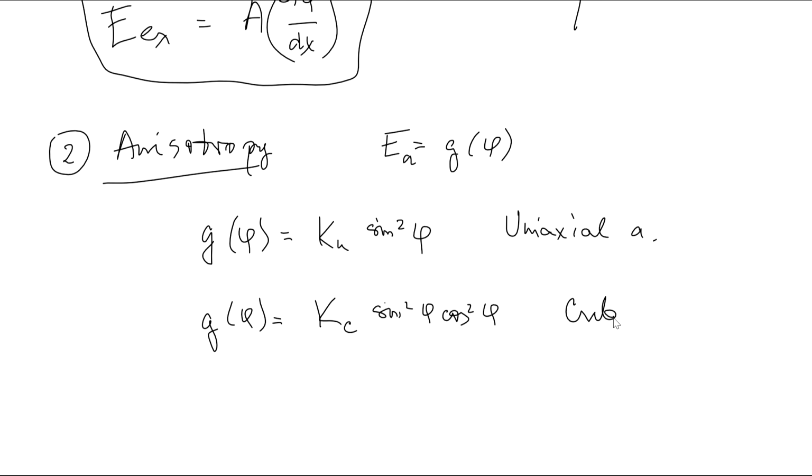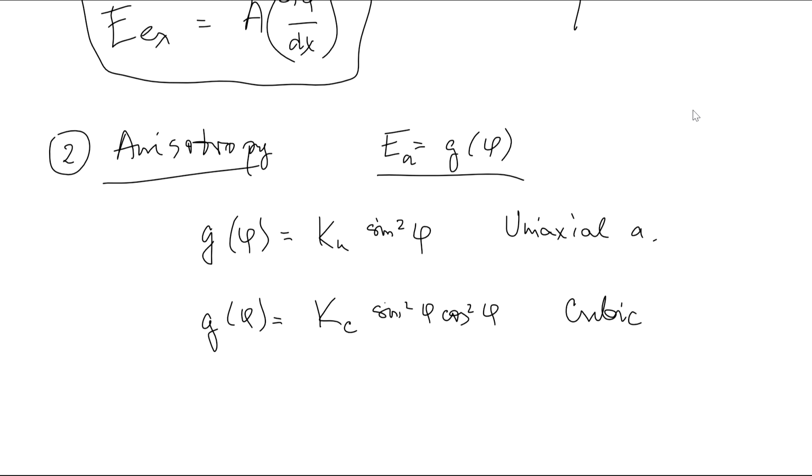That's cubic. So that energy is something that we already discussed. And the system has the lowest energy when magnetic moments are aligned along the easy axis, and the system has the highest energy when it is misaligned.